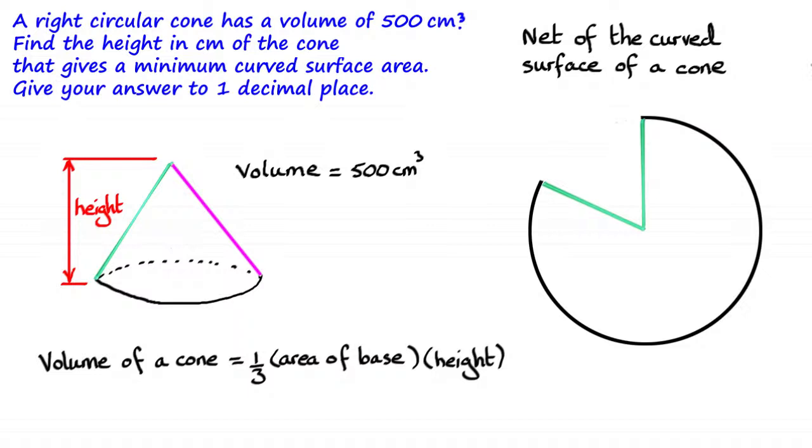You've got to be doing A level really to be able to do this one, because it's going to involve the quotient rule and also what else is it going to involve? The chain rule.